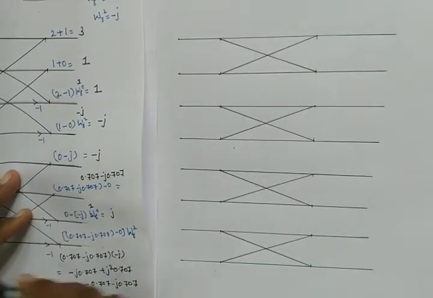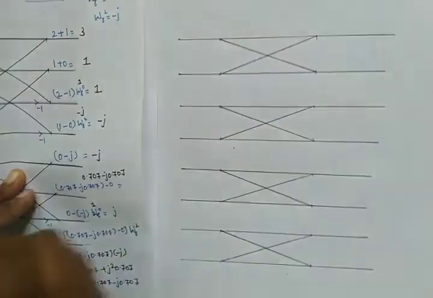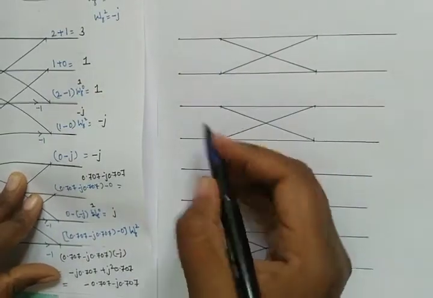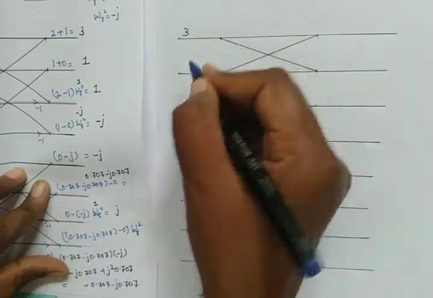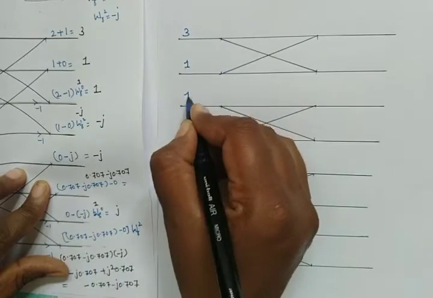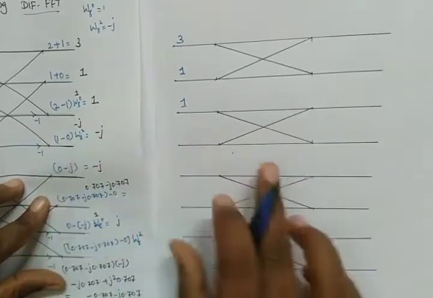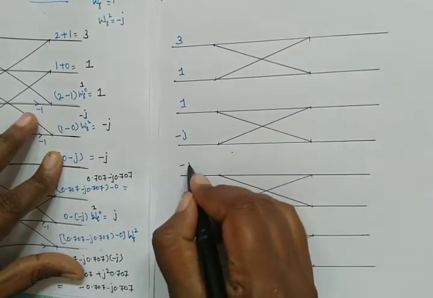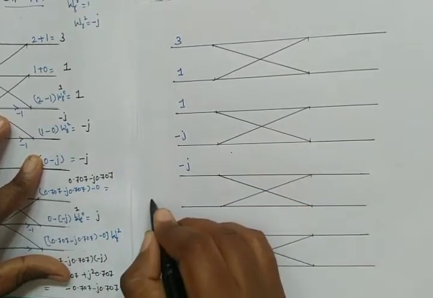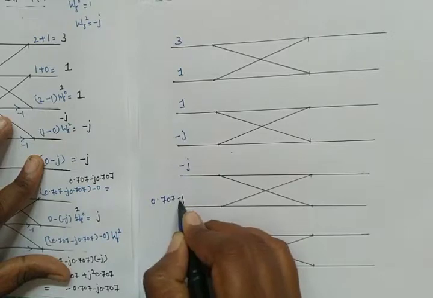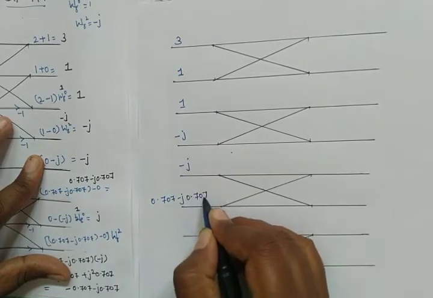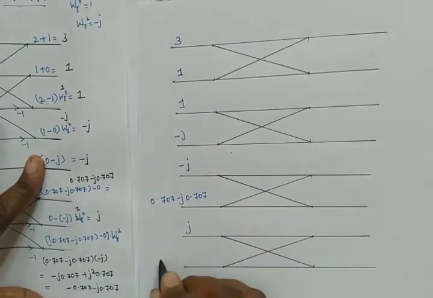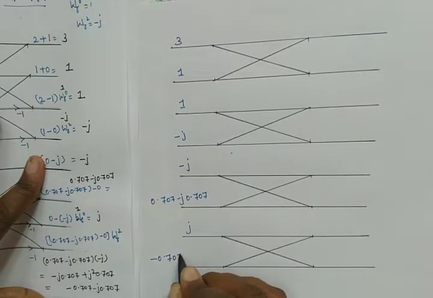So here it is. See, here it is 3, 1, 1. So just I am copying from here. Minus j, 0.707 minus j 0.707. Here it is plus j, and here it is minus 0.707 minus j 0.707.